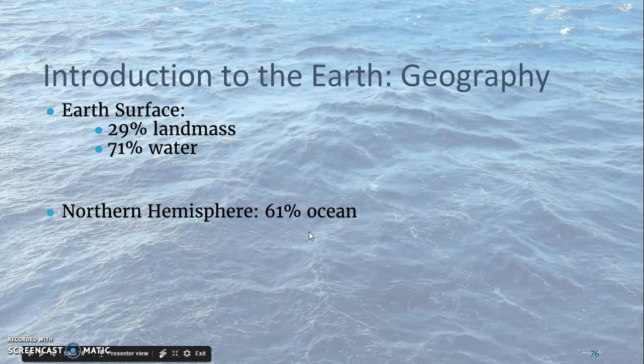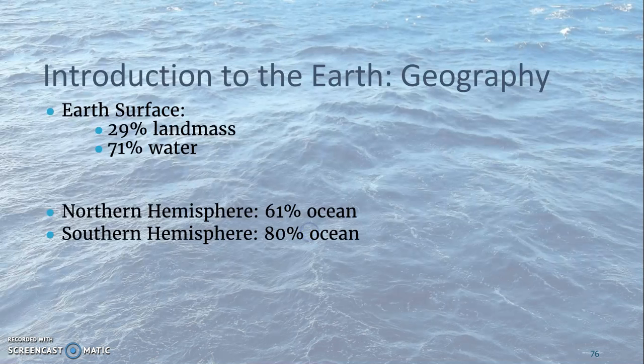Our northern hemisphere is actually very different than the southern hemisphere in relation to the percentage of water to landmass. In our northern hemisphere, we have 61% ocean coverage, and in our southern hemisphere, we have 80% ocean coverage. And you can see this just by looking at a map. You can see the layout of the continents and about how much water is located in each hemisphere.